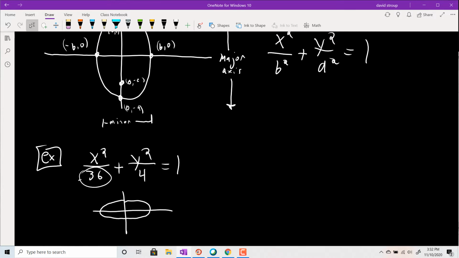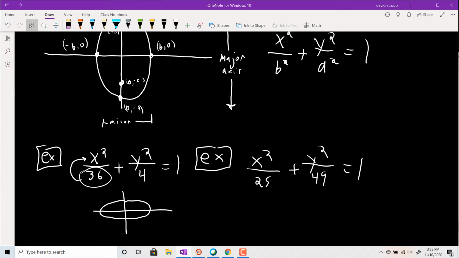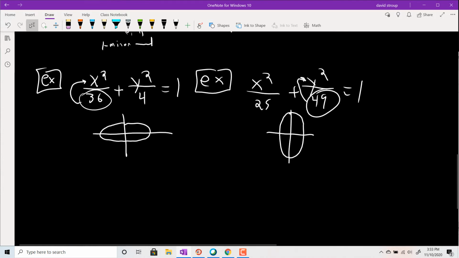The bigger number is with the axis that the major axis is on. Okay, so another example, x squared over 25 plus y squared over 49 equals 1. So in that case, your orientation will be with the major axis on the y-axis, because the bigger number is with the y variable.